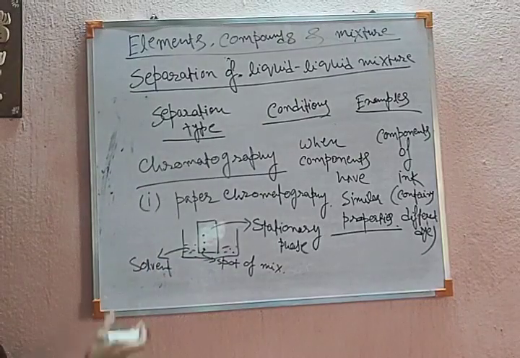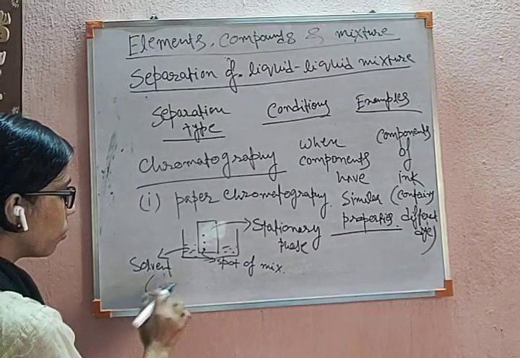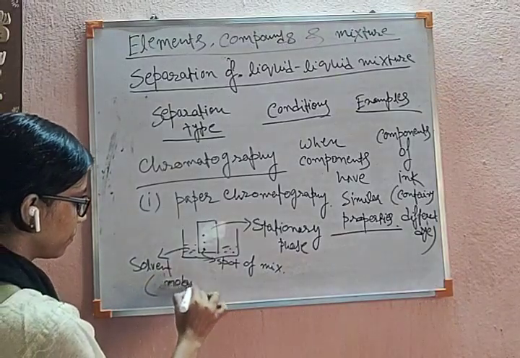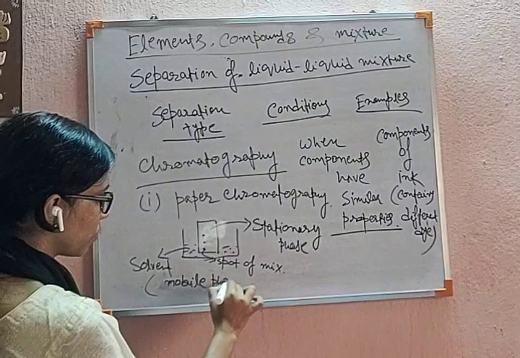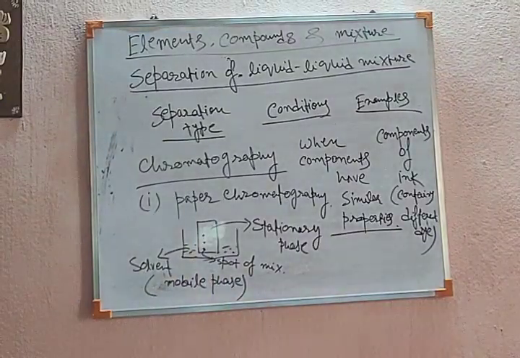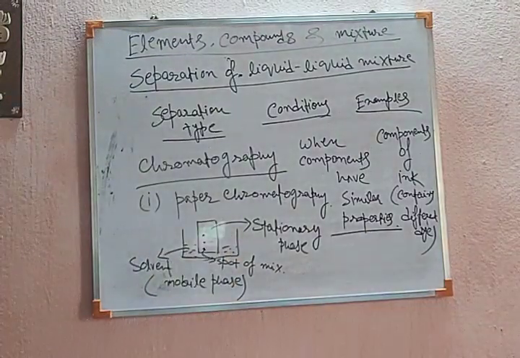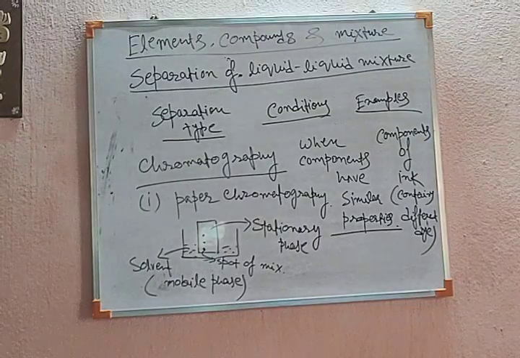So what is actually moving here? The solvent. So the solvent is the mobile phase, and the paper is the stationary phase. It is fixed. And the place where the solvent is taken is known as the solvent chamber.